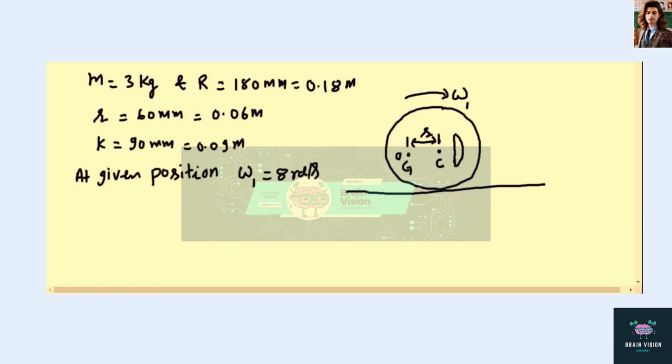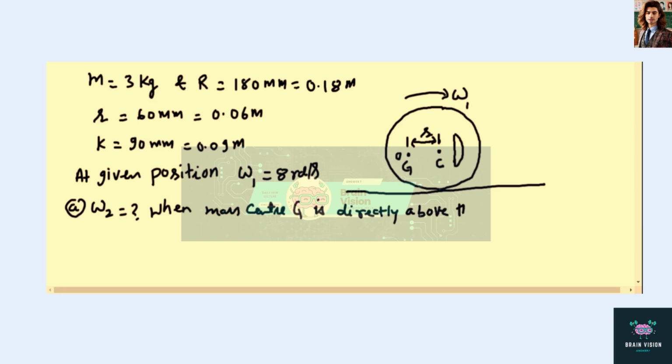Calculate the angular velocity omega 2 when the geometric center and the mass center G are directly above the geometric center.